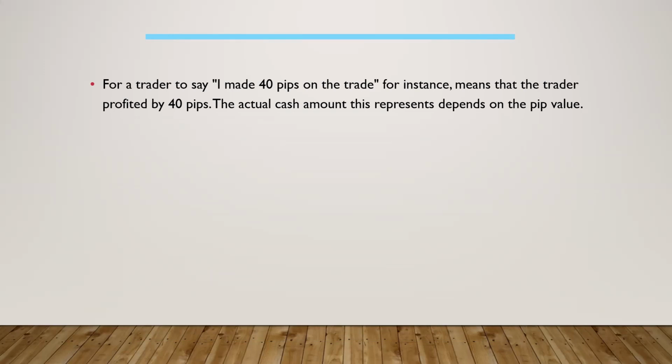If you are making 40 pips and the lot size you use in Euro USD is standard, which is $10 per pip. Remember, when you have Euro as your base, you have $10 in standard. So for this person making 40 pips trading Euro USD, it means he has made $400 from trading Euro USD for 40 pips. So that is it.